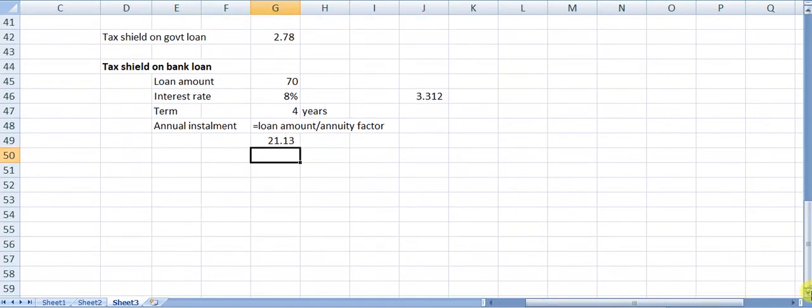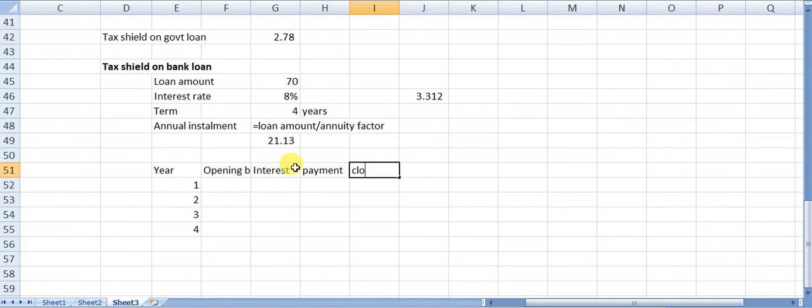Let's do a working now. Look at this carefully. Here, if you have done the reporting papers, you might remember a working like this. 1, 2, 3, 4. Opening balance of loan, then you add interest, then the payment, then the closing balance.